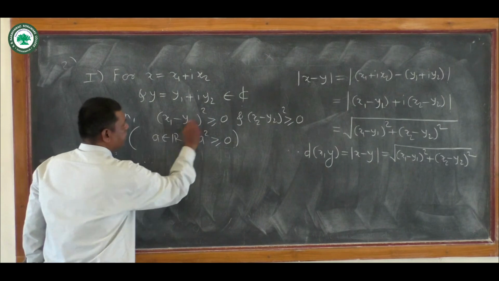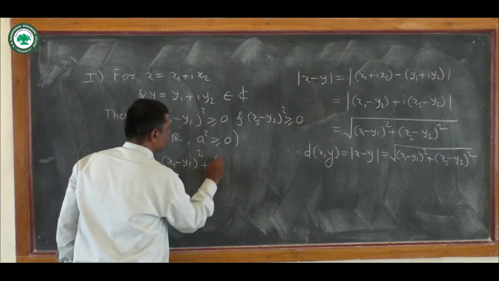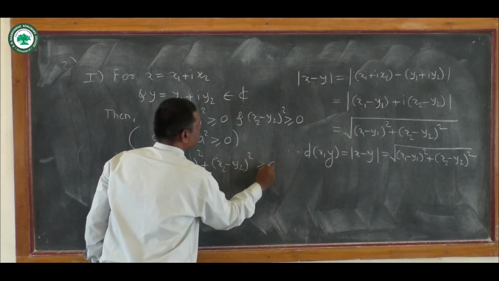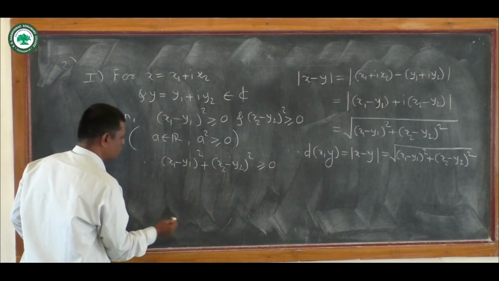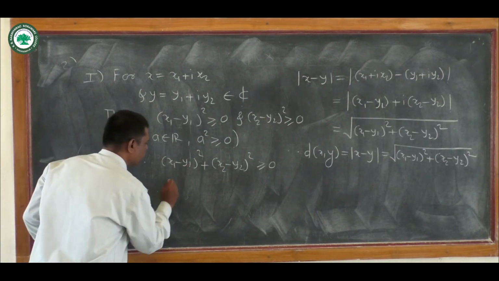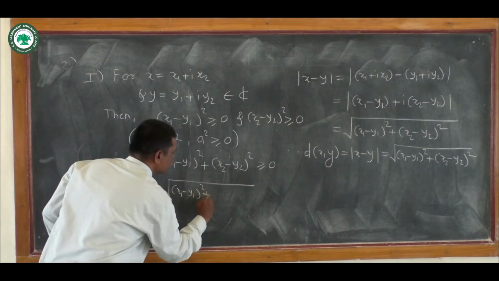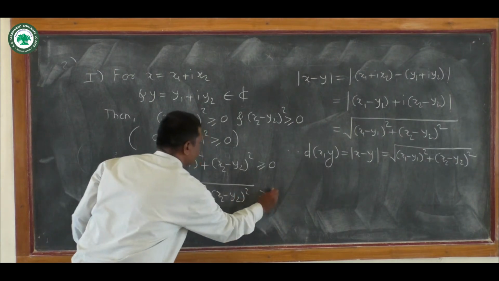Now adding these two, x1 minus y1 bracket square plus x2 minus y2 bracket square is greater than or equal to 0, and on taking positive square roots on both sides, the square root of x1 minus y1 bracket square plus x2 minus y2 bracket square is greater than or equal to 0.